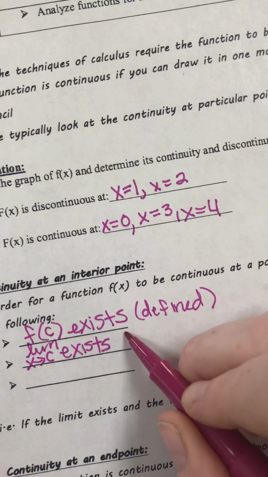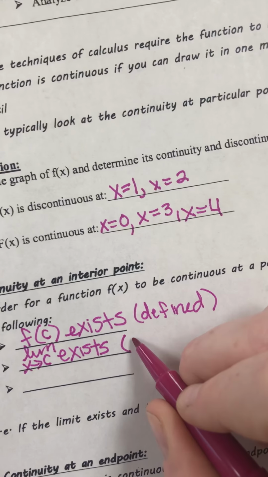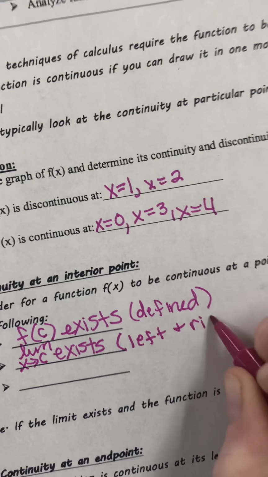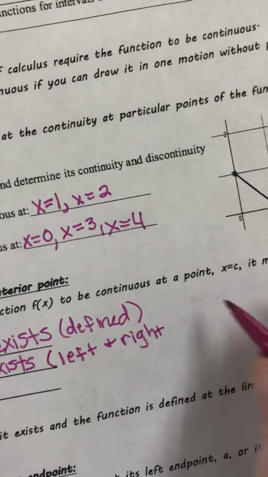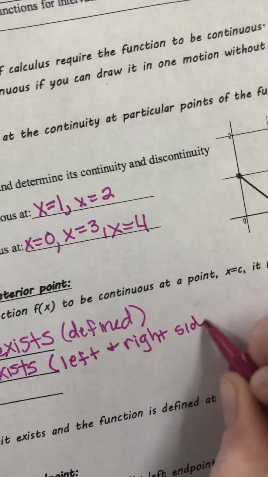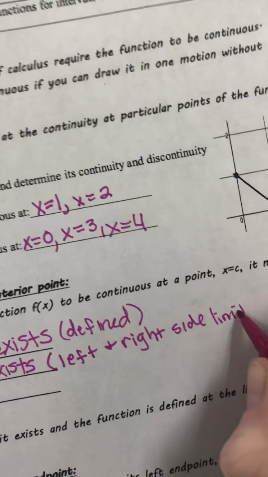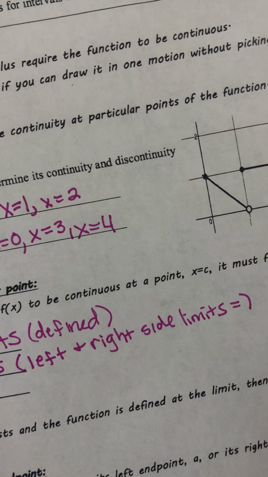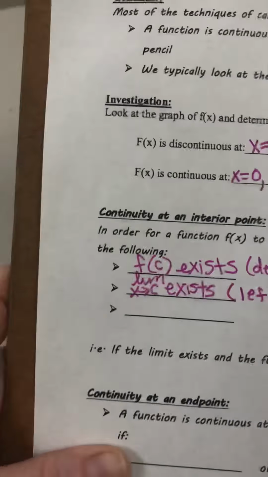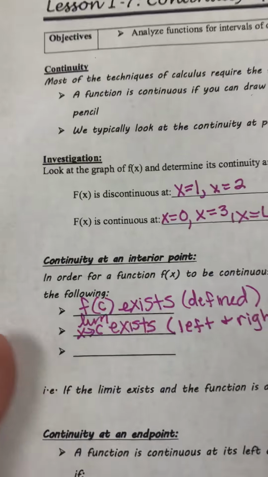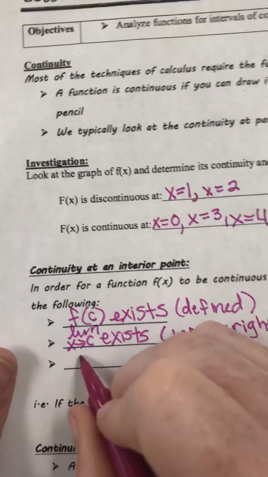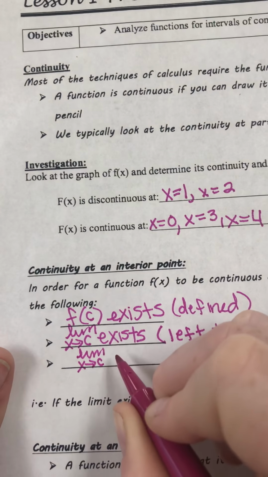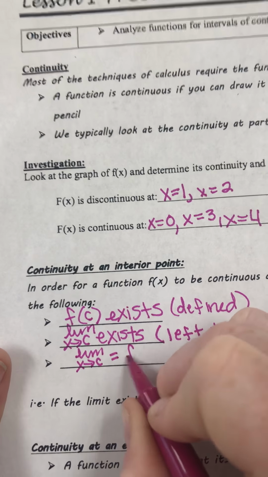And so this means if there's a two-sided limit, that the left and right side limits are equal. Okay, which we should know that anyway. All right, and then, therefore, the limit as x approaches c should equal f of c.